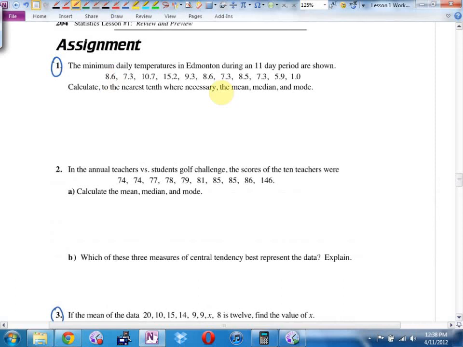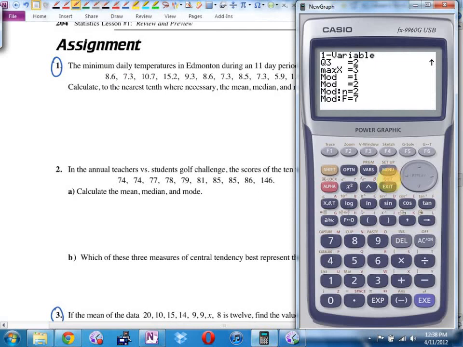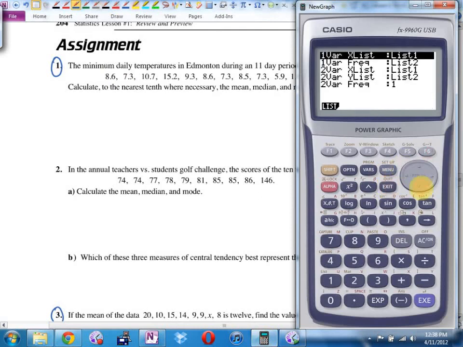We did this last class, but quick remembrance. Clear all your lists. Just type this in list 1. And since you want each of them only to appear once, when you go to your set, instead of list 2, you would say it's a frequency of 1. There's a bunch of invisible 1s in the right-hand column because it's not a frequency table. If it's not a frequency table, what you're really saying is each one appeared once.